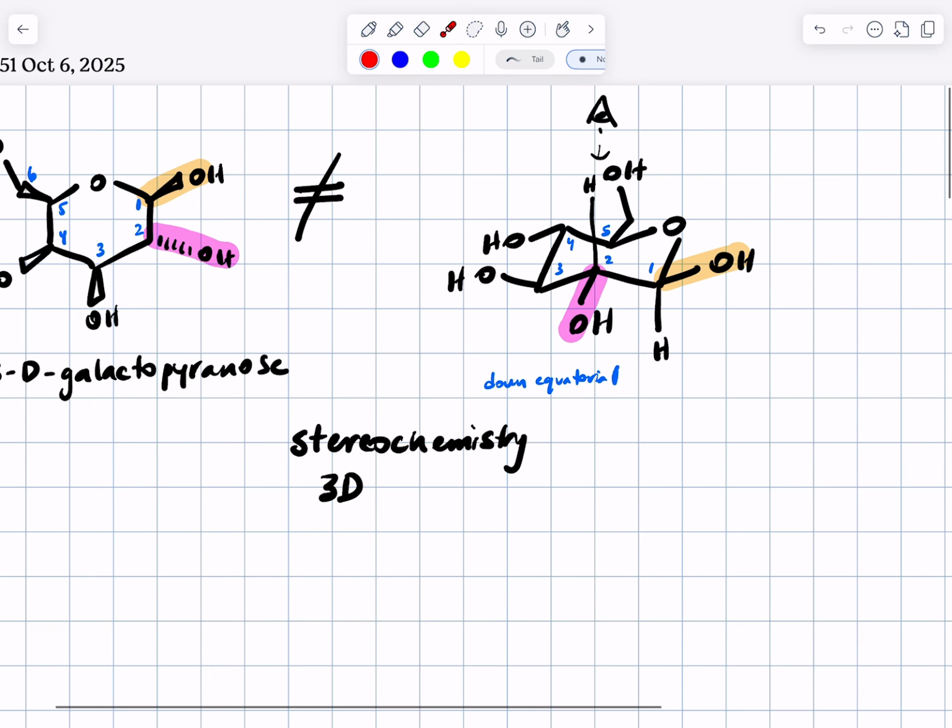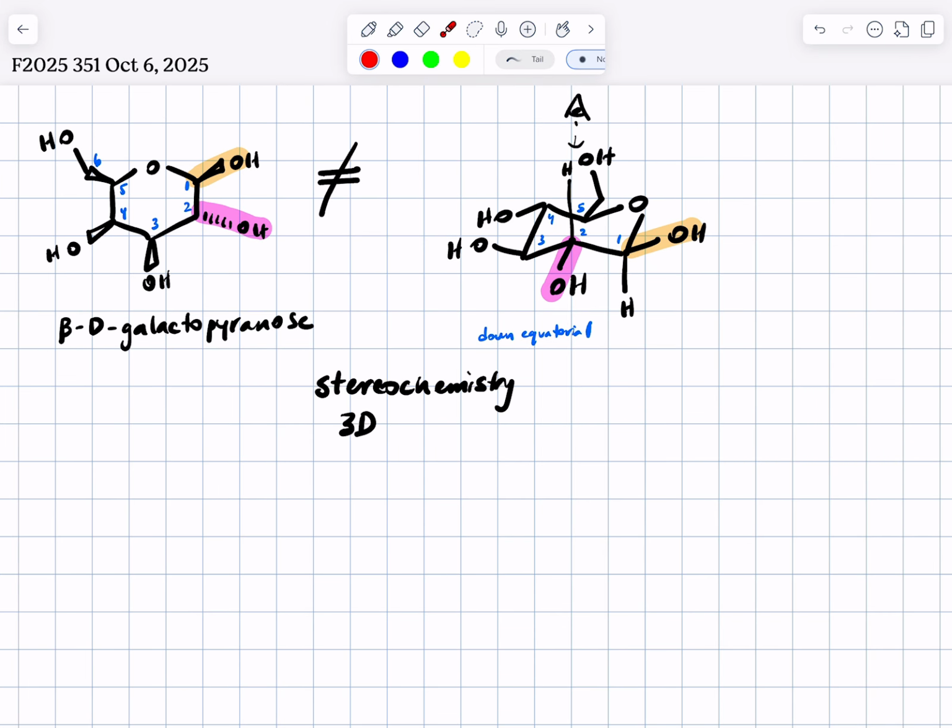Okay, so we can go through a little bit more quickly. Carbon 3 is up, and it's up there. So far, the first 3 carbons are totally fine. They've got the right stereochemistry, that is, they've got the right shape, the right up-down relationships. Let's look at carbon 4. In our drawing here, carbon 4 should also be up, but it is not.